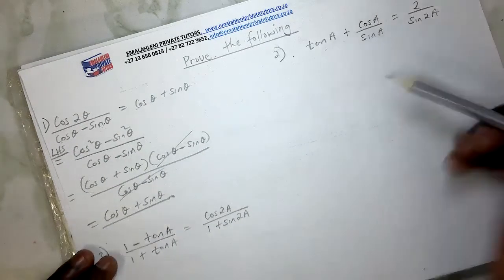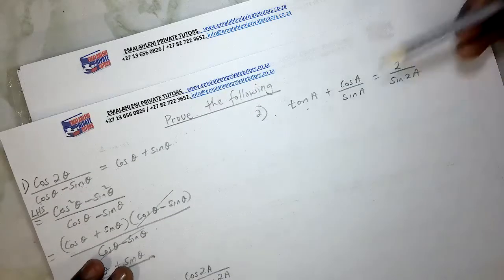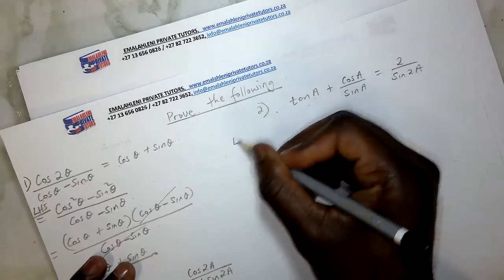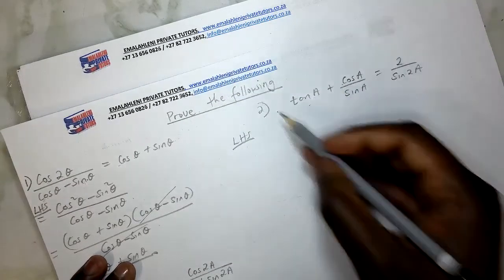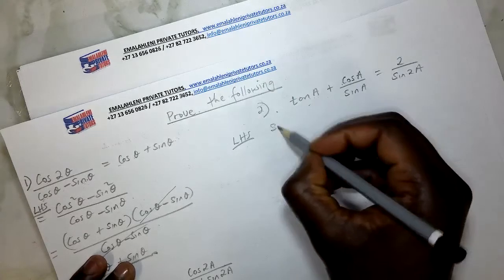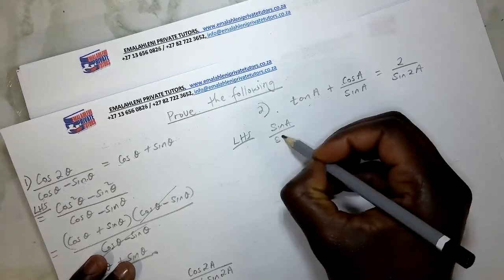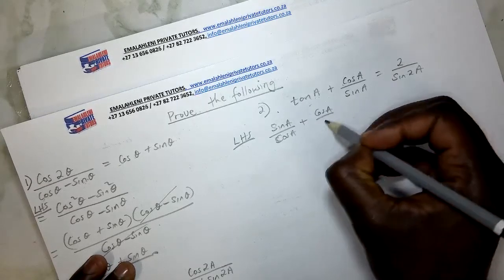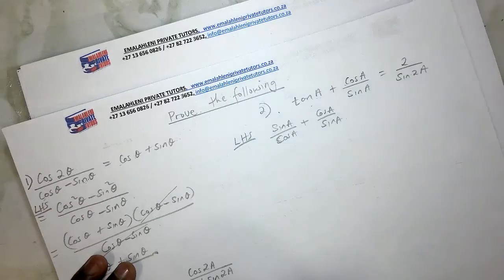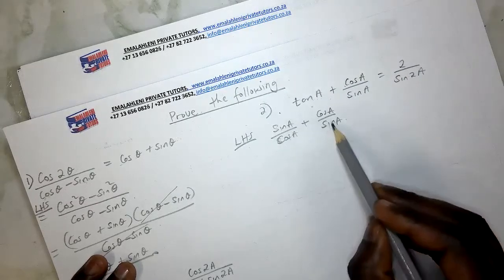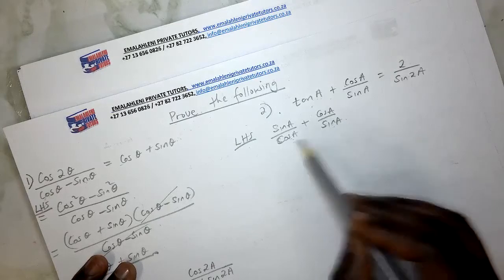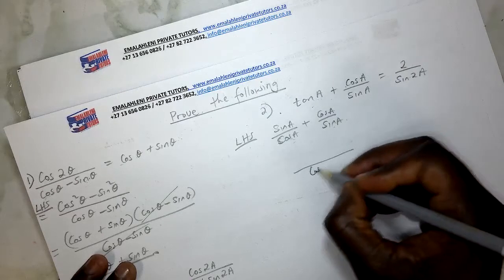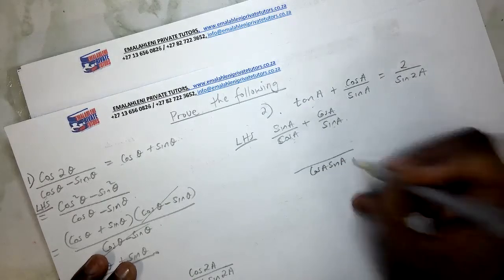Now let's attempt this one again. Can you see what we're having? Tan theta. Remember, for the left hand side we need to express it as sine over cos. So sine A over cos A plus cos A over sine A. When we are adding, we take the common denominator, which is the lowest common denominator: cos A sine A. You must learn how to add, guys.